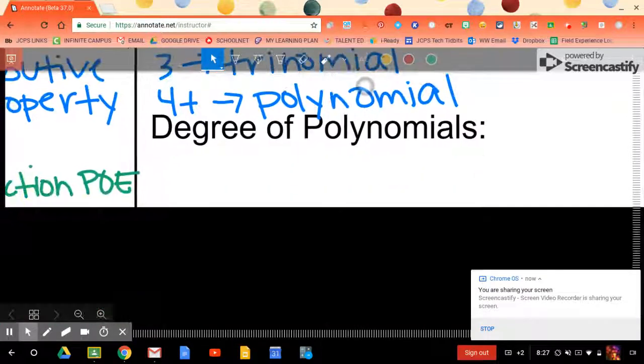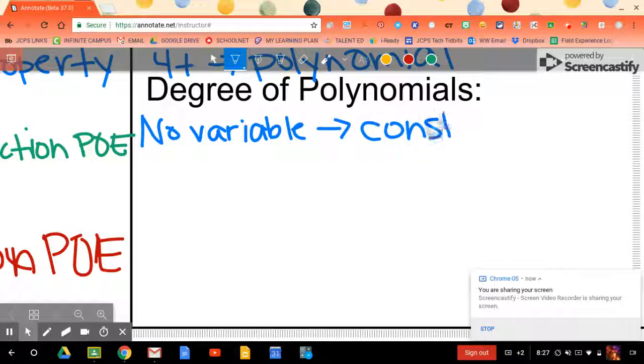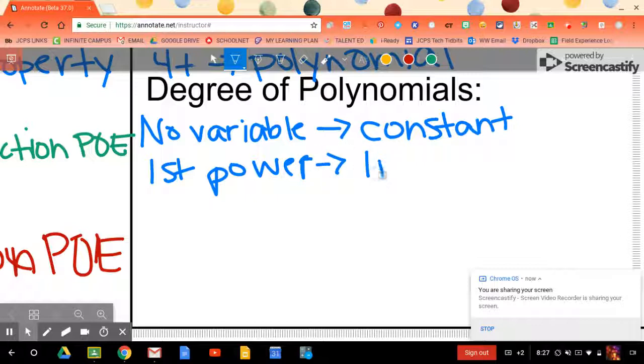Next, doing our degrees of polynomials. If there's no exponent, or no variable, if there's just a number, this is constant. If your biggest power is the first power, so that means there's just a variable by itself, it's linear.